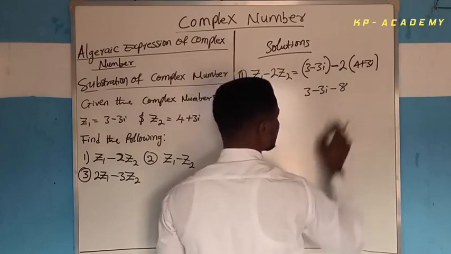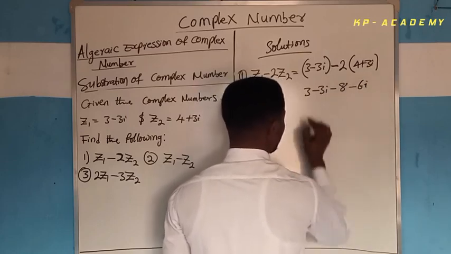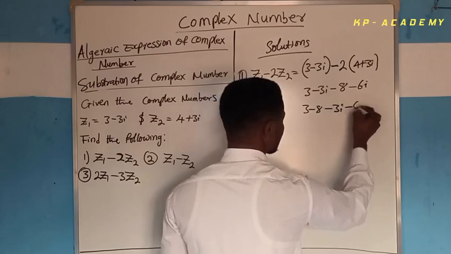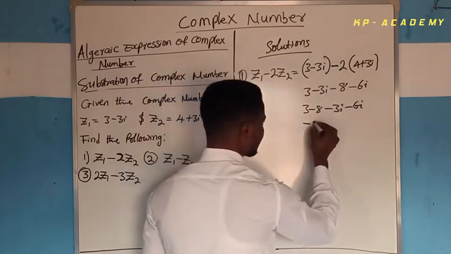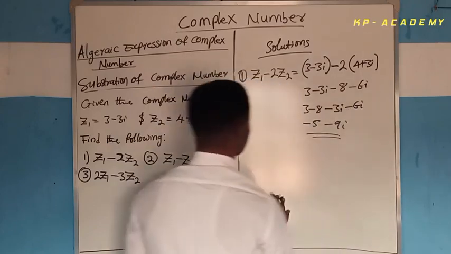Again, minus 2 times plus 3i, I will have minus 6i. Collecting like terms, I have 3 minus 8 and minus 3i minus 6i. Evaluating further, I will have minus 5 and minus 9i. And this is my final answer.